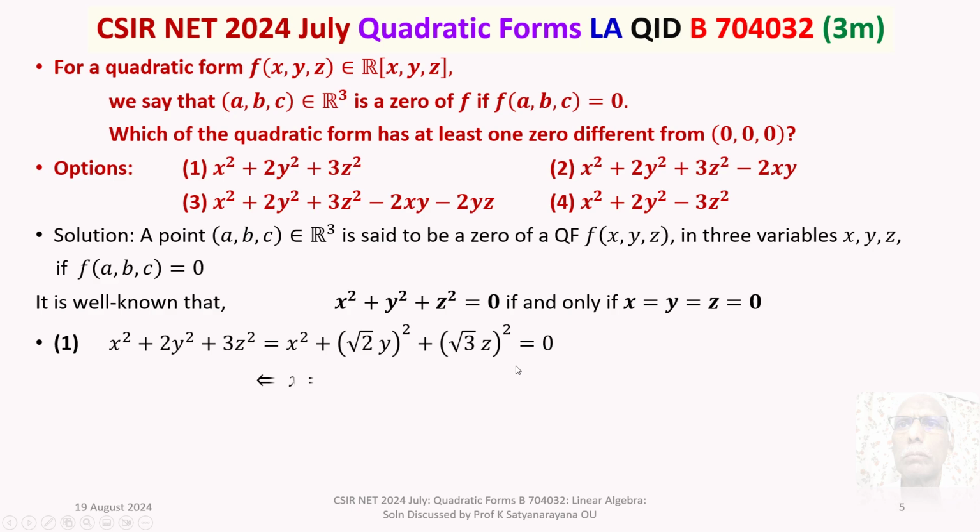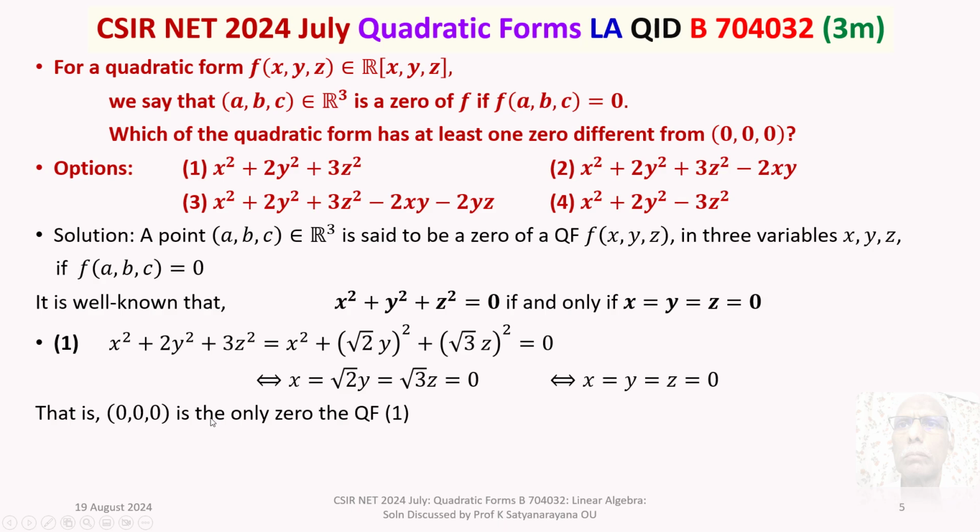This is if and only if x is equal to root 2 y is equal to root 3 z is equal to 0. This is equivalent to x is equal to y is equal to z is equal to 0. So (0, 0, 0) is the only zero of the quadratic form given in 1. Thus, the quadratic form 1 has no zero different from (0, 0, 0). So therefore, option 1 is not our answer. Right.